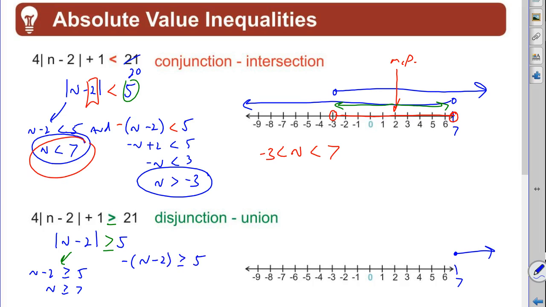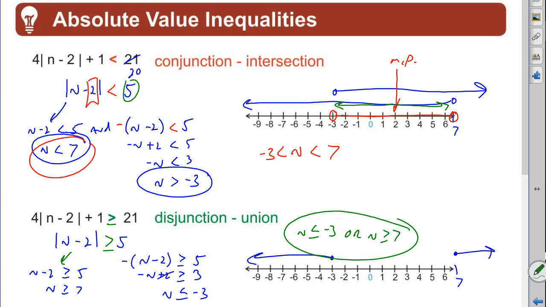Distribute, so this is -n plus 2, add a -2 to both sides, you get -n is greater than or equal to 3. Divide both sides by -1, reverse your symbol, and see now how you're less than or equal to -3. Do you remember how to say that with a disjunction? You write the smallest one first, n less than or equal to -3, and the word or, and then n greater than or equal to 7. That is always going to be the case.